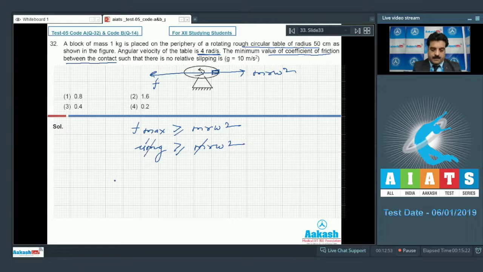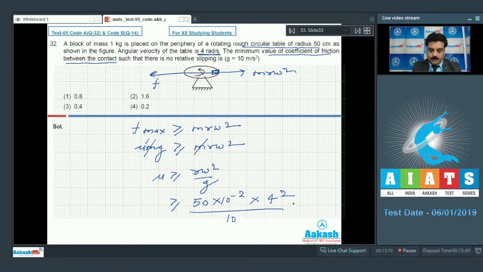Mass will cancel out, so mu will be greater than or equal to r omega square by g. When I place the values, radius 50 into 10 to the power minus 2, angular velocity 4 radian per second, divided by 10, you will get 80 into 10 to the power minus 2. So the minimum value of coefficient of friction is 0.8. By this discussion, option number 1 will be the right choice.